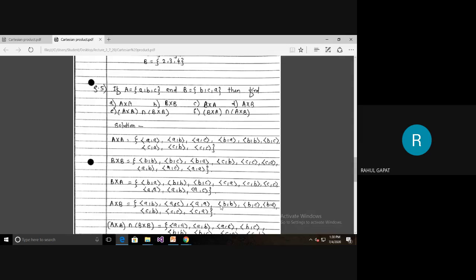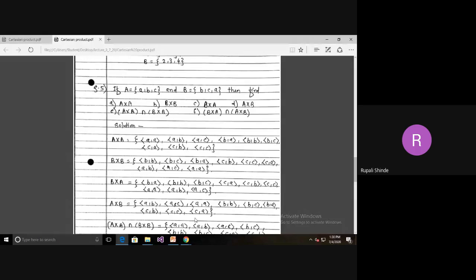Madam, B comma A is present. Where is B comma A? Yes, that is present here, B comma A. Then B comma B is also present here. B comma C is also present here. C comma B is also present.